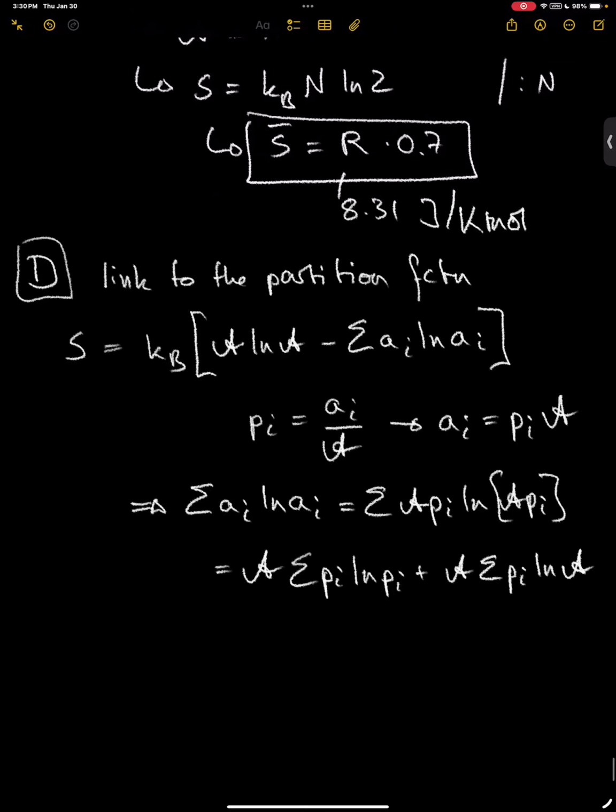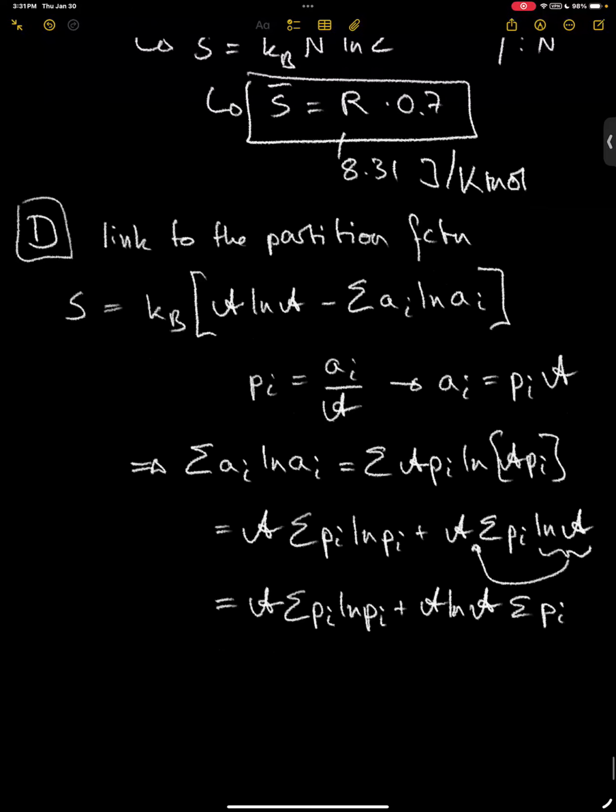Okay. Now, this logarithm here is also independent of the sum, so I can pull it in front of the summation. And I obtain this expression.